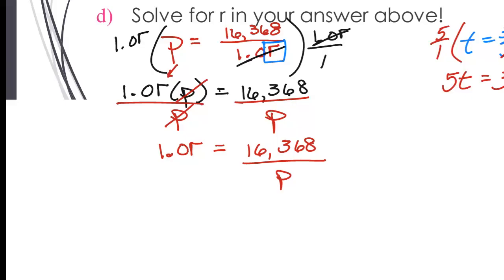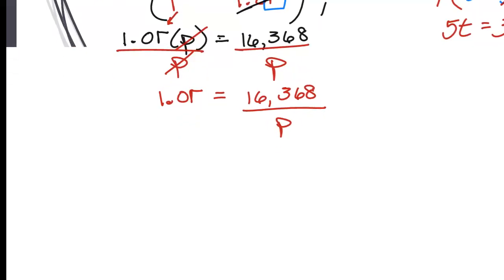Okay, we're getting really close. Now, this is 1.0r equals that amount on the right. I want to get r by itself.